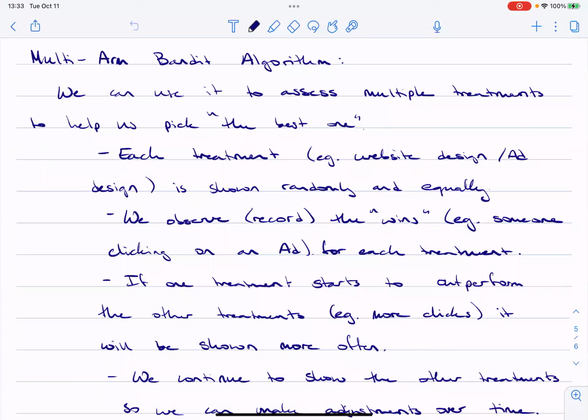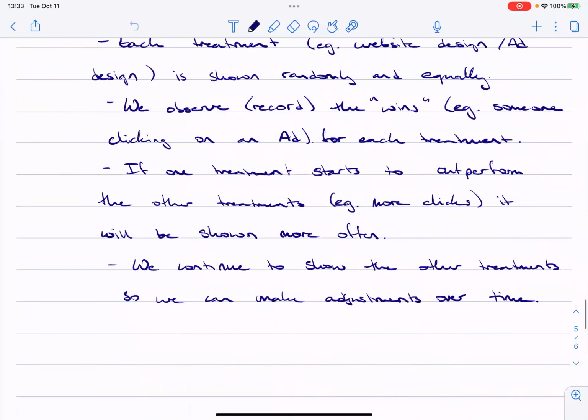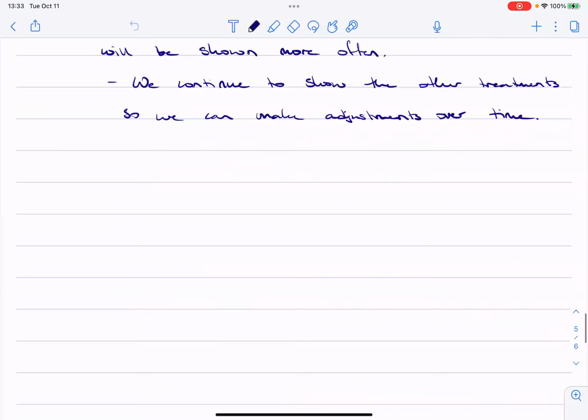You need some sort of gauge that says, once I'm seeing more than 20 clicks on average in ad A than ad B and ad C, then I'm going to start shifting. So I need this idea of an effect size.